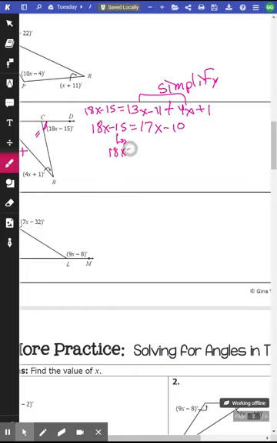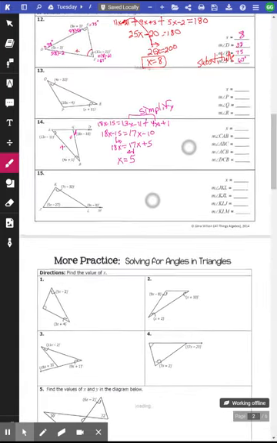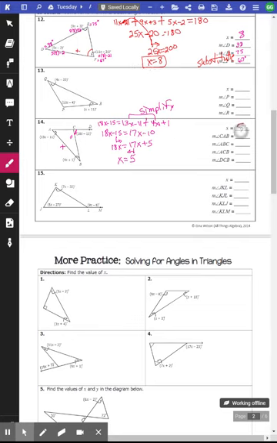So I'll get 18x is equal to 17x, and that's positive 5 on the side. And we're going to move the 17x across, and I'm left with x is equal to 5. Yay. x is equal to 5, and then we go and get all the angles.